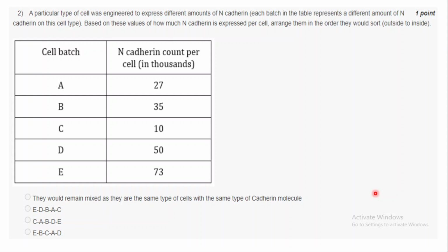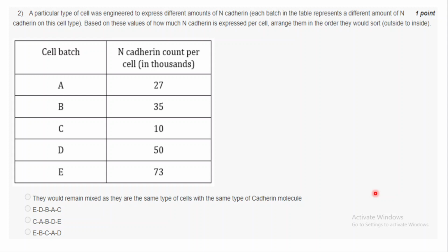Based on these values, how much N-cadherin is expressed per cell, arrange them in the order they would sort. If we now mix these cells, cell types A, B, C, D, E, we mix all the types of cells. The question is, what is the order in which they would sort from outside to inside?